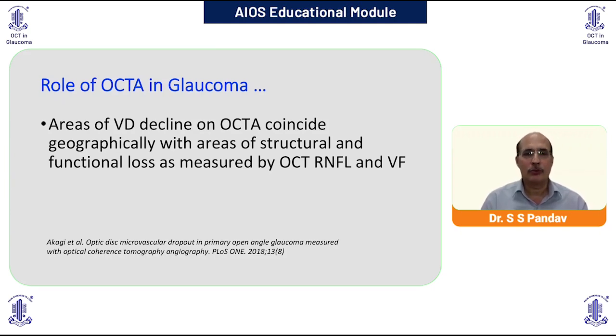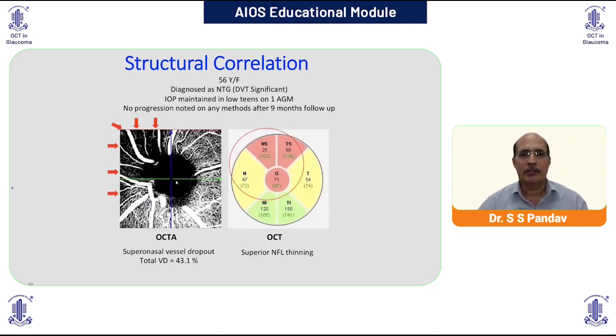These two also correlate with the visual field, because the corresponding area in the visual field is more likely to show a visual field defect. So there's a good structural and functional correlation between the OCTA, the OCT, and the visual fields, because these are the three modalities which are very commonly used now to monitor and diagnose glaucoma.